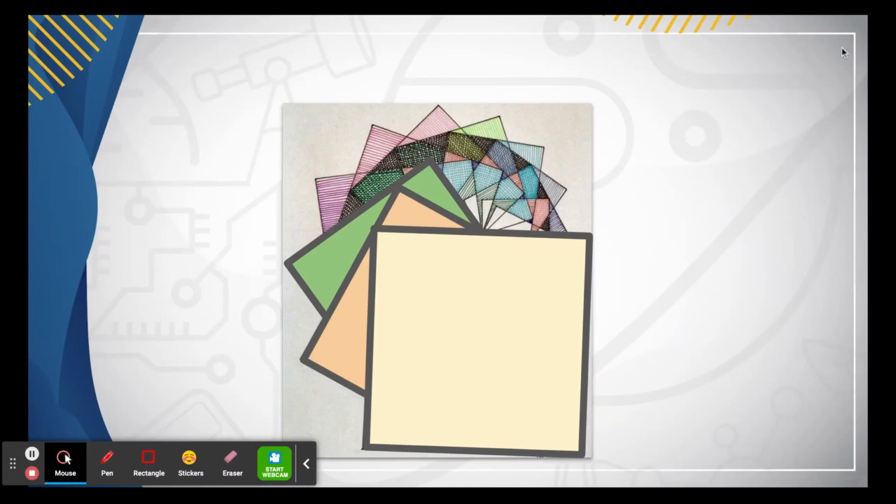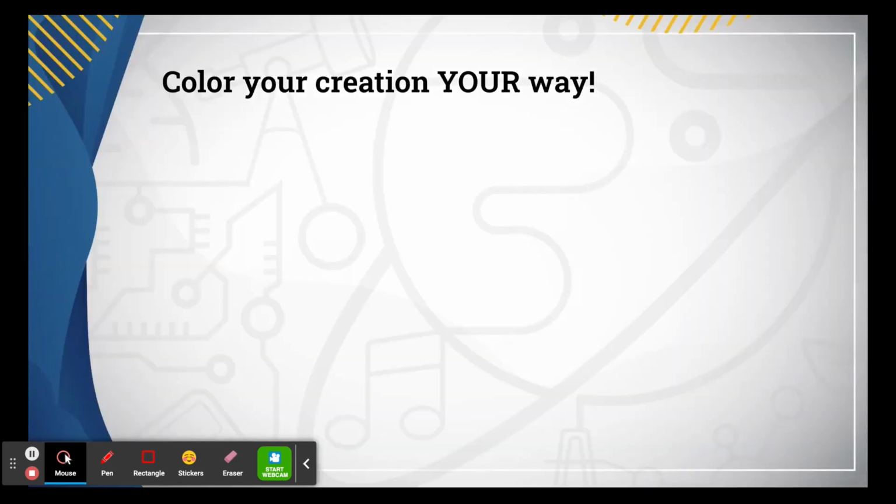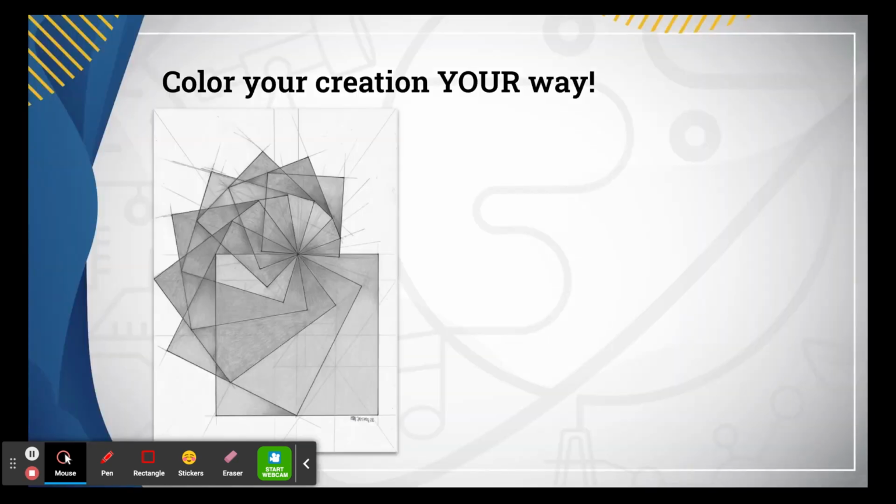Welcome back. Now that you have had an opportunity to trace each and every one of your Post-it note squares getting smaller and smaller, you should have a really cool spiral fractal. So now you're in a color creation of your own.